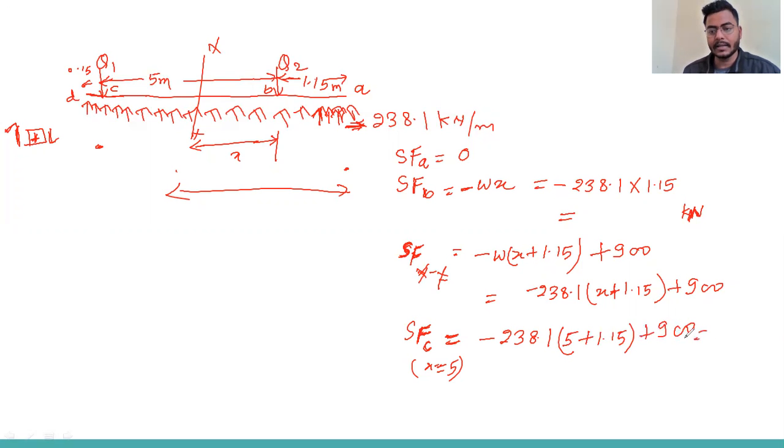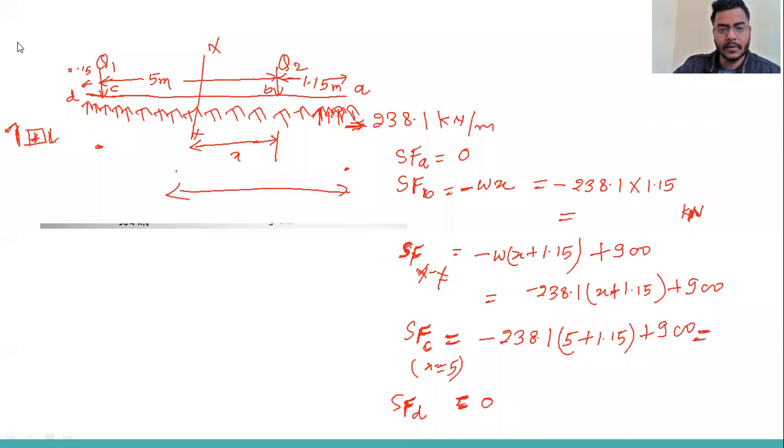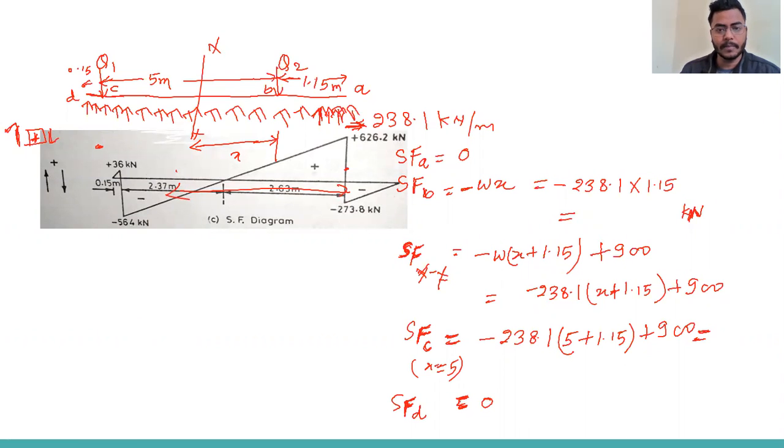We'll get some value, just calculate. And you will see there is a Q1 load acting downward. At the shear force at D, if you calculate from the right side, again there is no force. If you calculate from the left side, it will become 0 directly. I already have drawn the figure, so we'll get this shear force diagram.